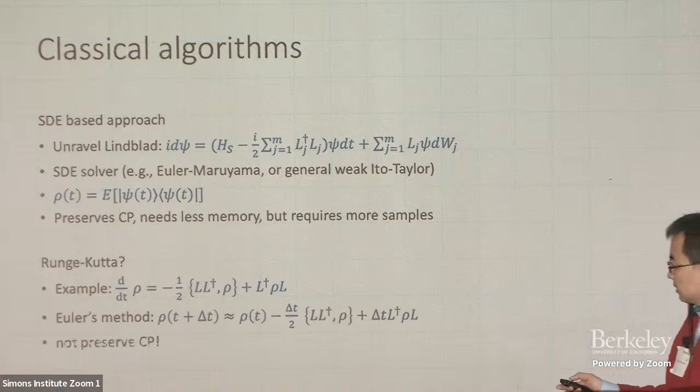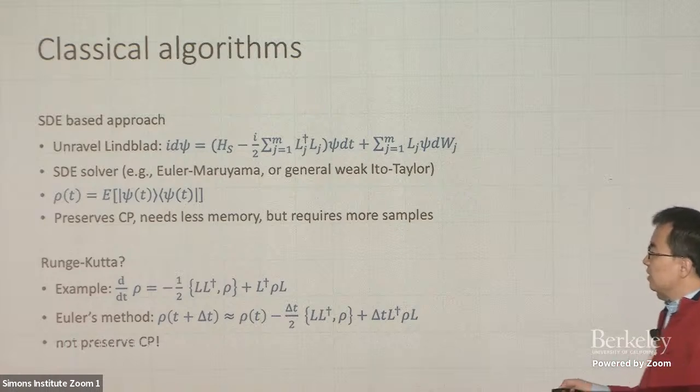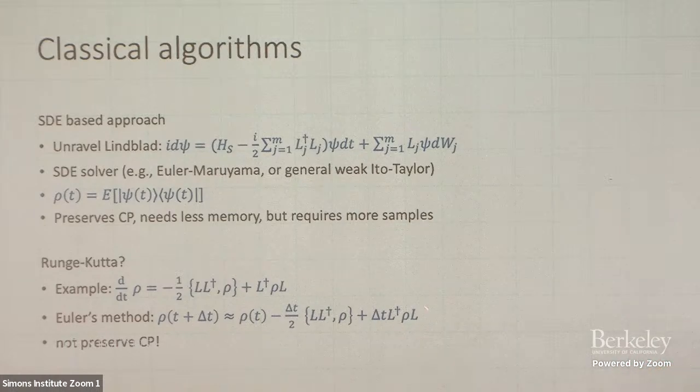If you apply Euler's method, usually the first thing that we teach our students, what you can show is that this approximation right here does not preserve the CP property. And you can check that there's a matrix over there that's not positive semidefinite.